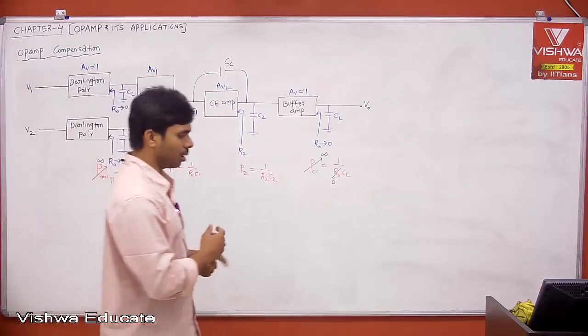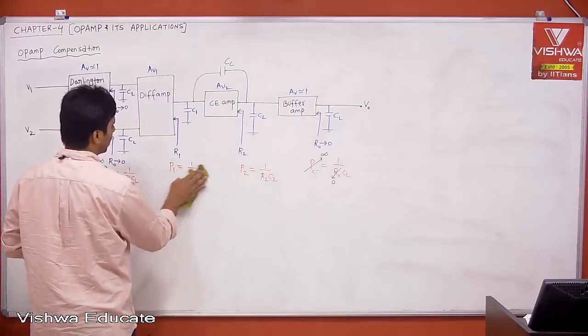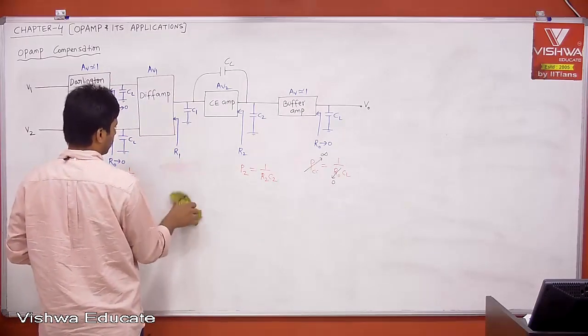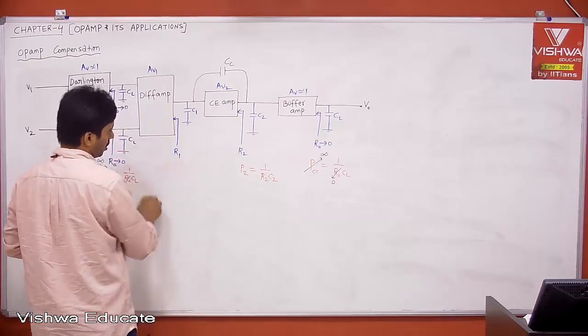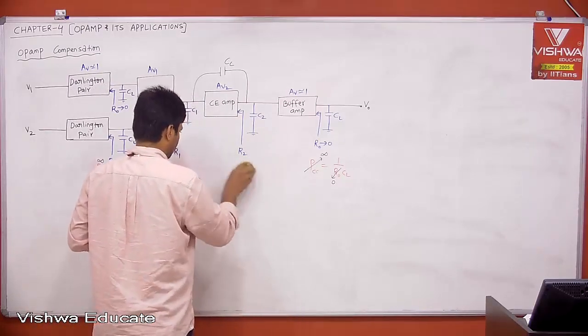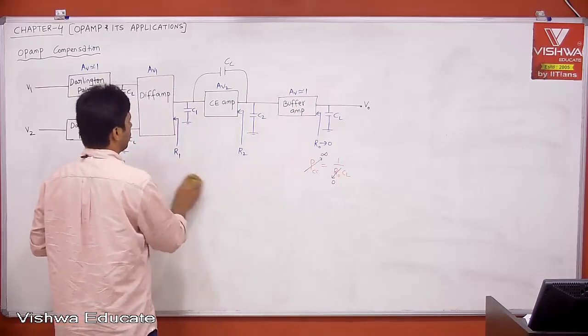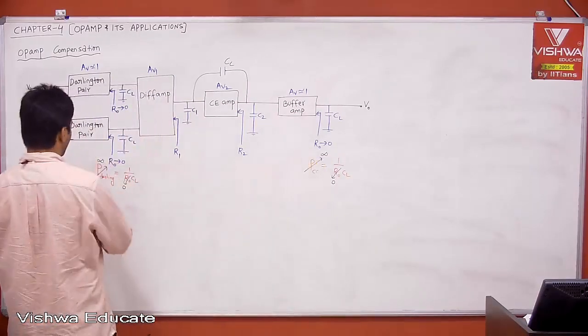Now your pole P1, that is earlier. Now the new pole you'll get. Here also you'll get a kind of different pole. Okay, because of this. These poles are non-dominant poles, right?